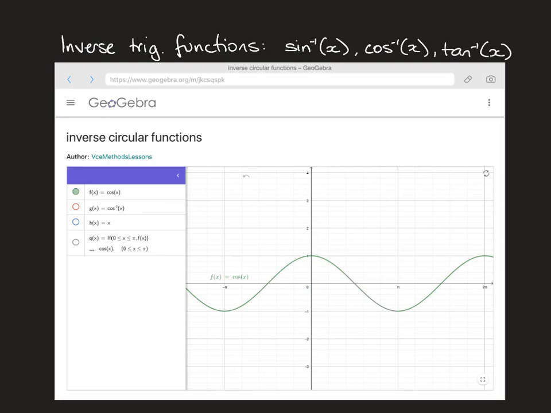So you can see the cos graph I have here fails the horizontal line test, and so it won't have an inverse function. But if I take a chunk of that cos graph instead of the whole graph, the domain of 0 to pi, I now have something that, if I put the line y is equal to x, I can reflect across that line, and now I have the inverse cos function.